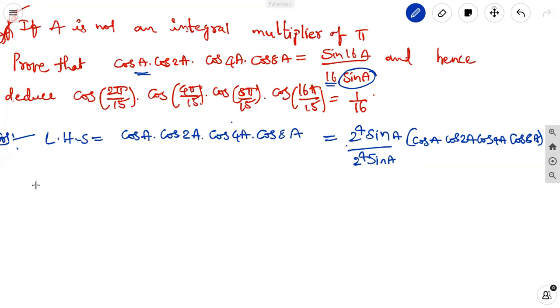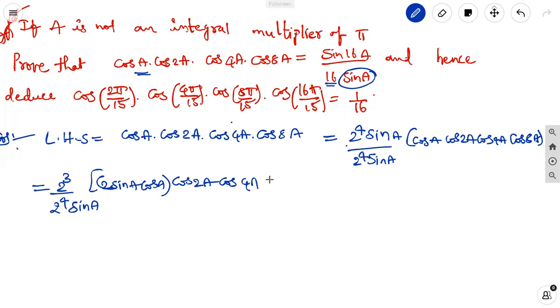So from that we can write it as 2 power 3 by 2 power 4 sin A into 2 sin A cos A into cos 2A cos 4A cos 8A.